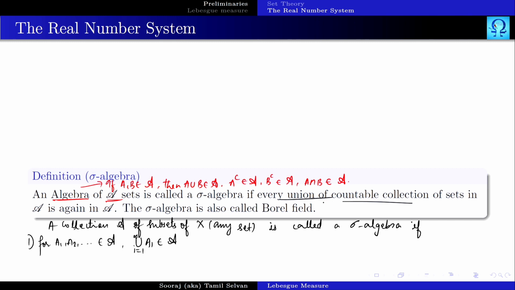So you may take any countable collection from the given collection of subsets, their union must be inside A.